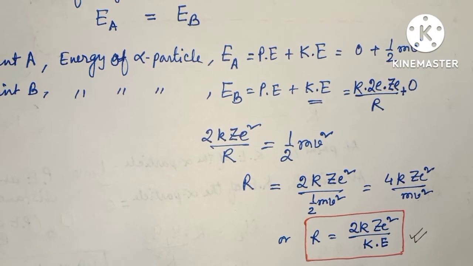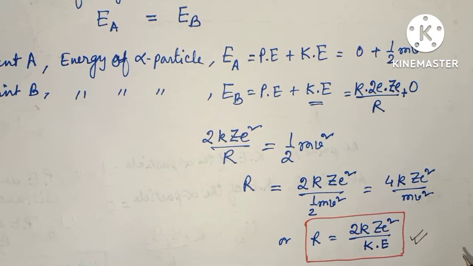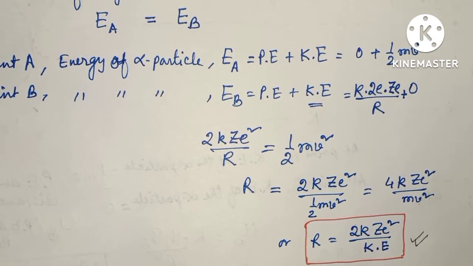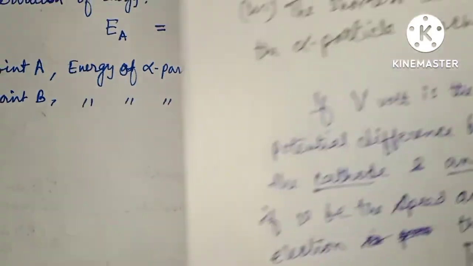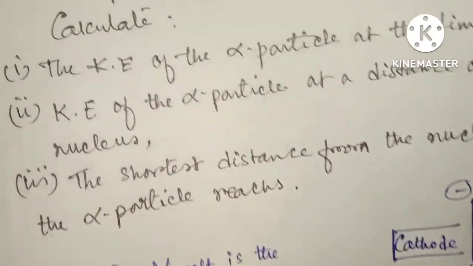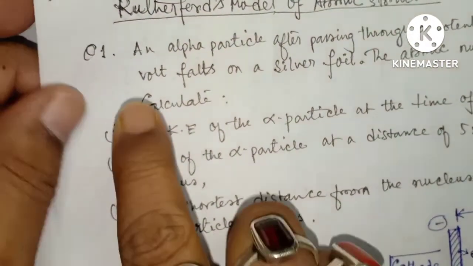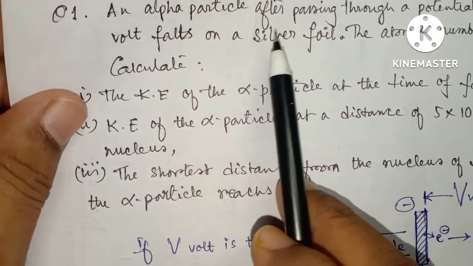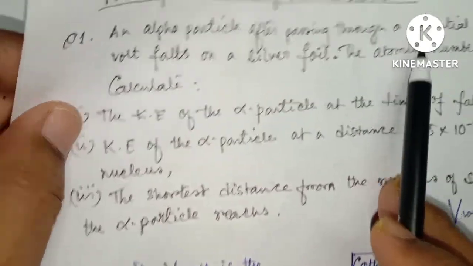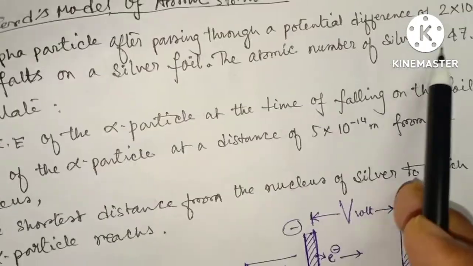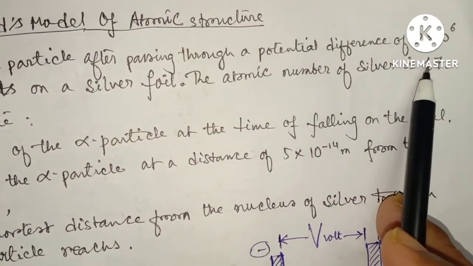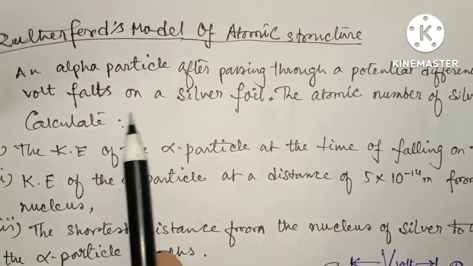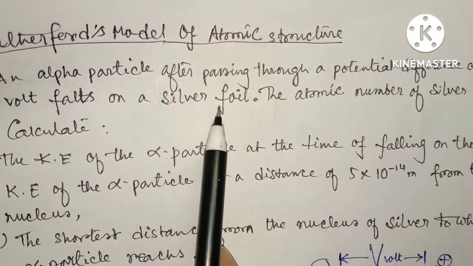On the basis of this formula, we want to show you a few numerical problems. Here, an alpha particle, after passing through a potential difference of 2 into 10 to the power 6 volt, falls on a silver foil.